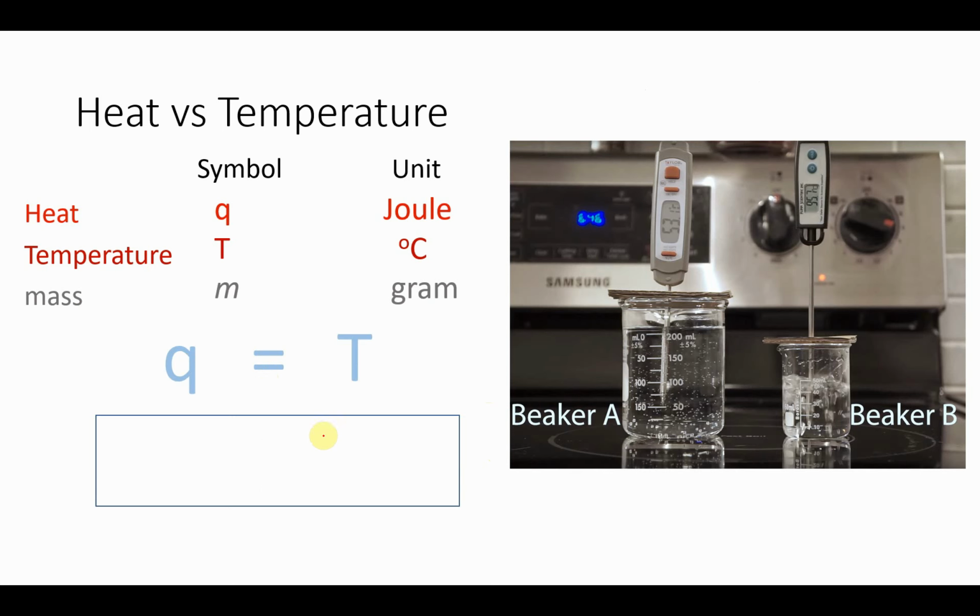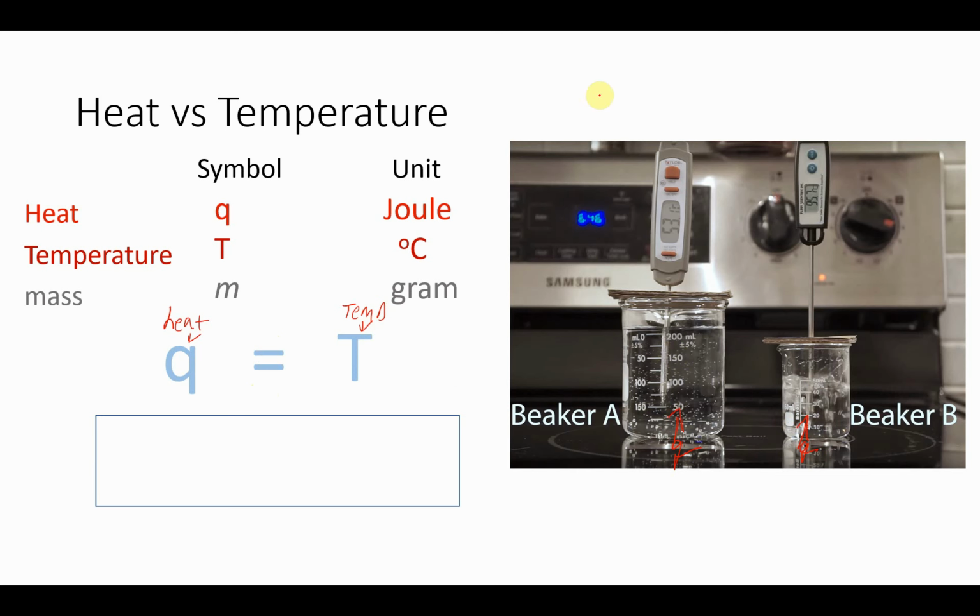So the actual equation is going to appear down here in the box in a second, but I want us to think through what we know. We know that there is a relationship between heat and temperature, but they are not the same thing. I should not be saying heat equals temperature. For one thing, we've learned that as we add the same amount of heat to each beaker, it affects the temperature differently. So it's not really that heat is related to temperature.